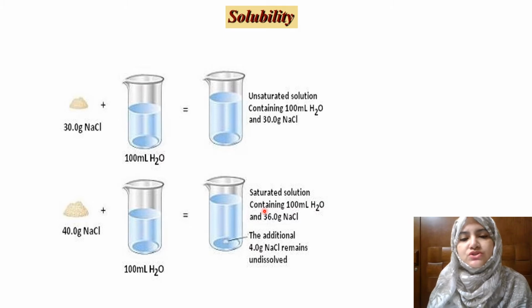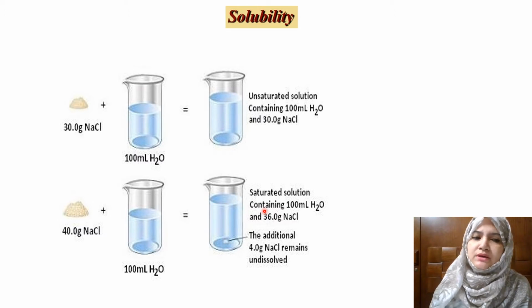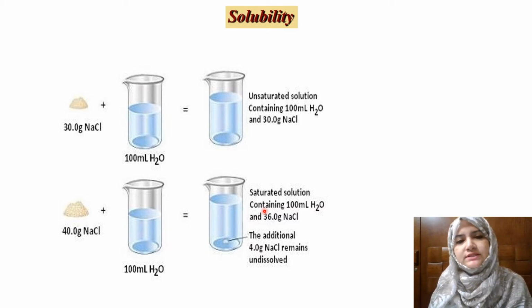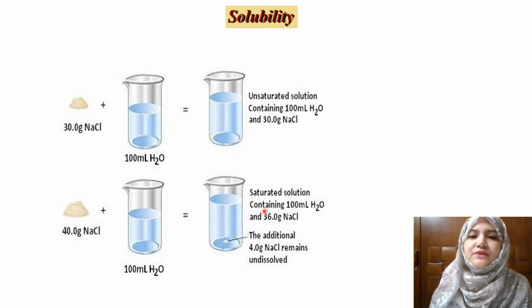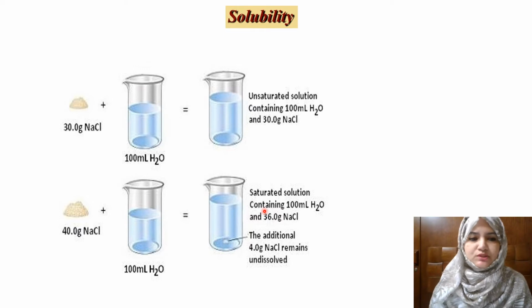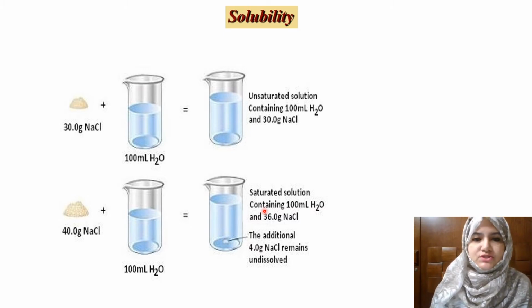We can add a maximum of 36 grams of edible salt, that means sodium chloride. Then the solution becomes saturated at a temperature of 25 degrees Celsius, that means room temperature. This temperature must be maintained, and this is what we call the solubility of that salt.